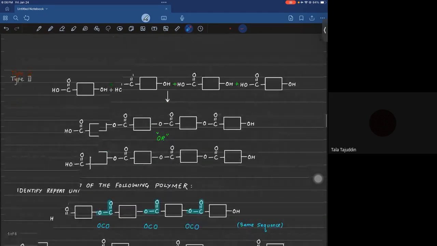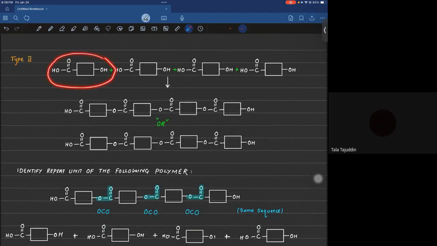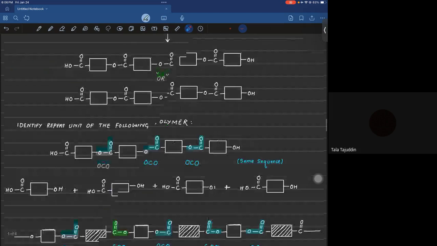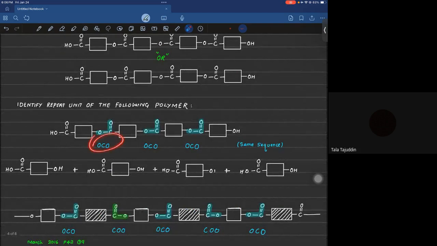But if you have a single monomer having two functional groups, alcohol and carboxylic acid, then the polymer would show the same sequence: OCO, OCO, and OCO. So if you see the same sequence, you can predict that the monomer should be a single molecule which contains two different functional groups.